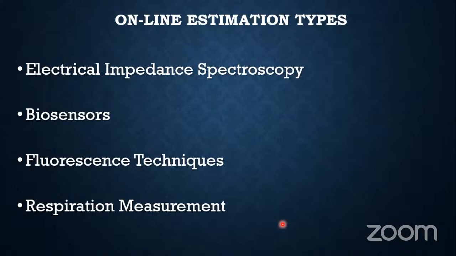And this is a form of measurement, because respiration measurement provides a direct measurement of microbial activity. So if we can measure the respiratory activity, it can give us a clue of the microbial cells' growth.